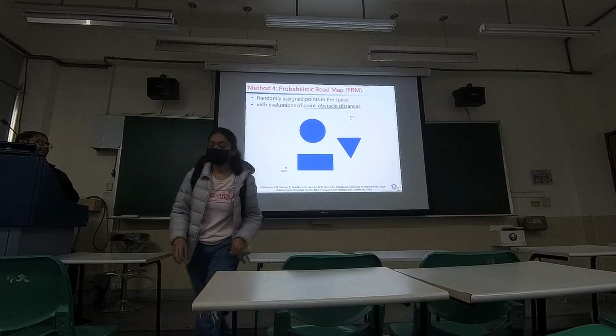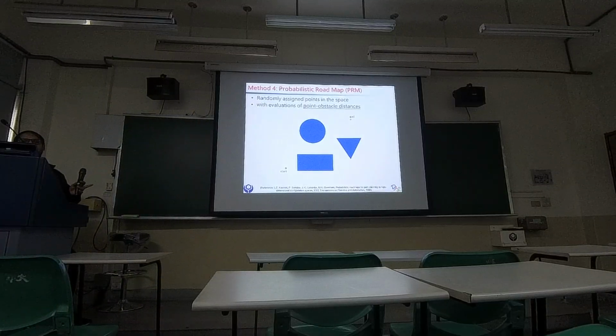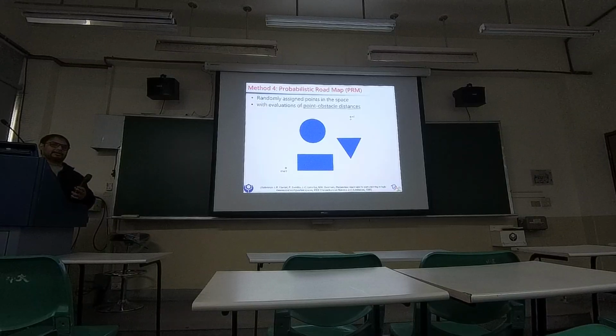Then comes method four. All these algorithms we are talking about are just traditional methods which were developed some years ago. The fourth one is the probabilistic roadmap. In this case, they randomly assign some points in the C space, which are evaluated point to point by obstacle distance, and then they make a roadmap by connecting all these points.